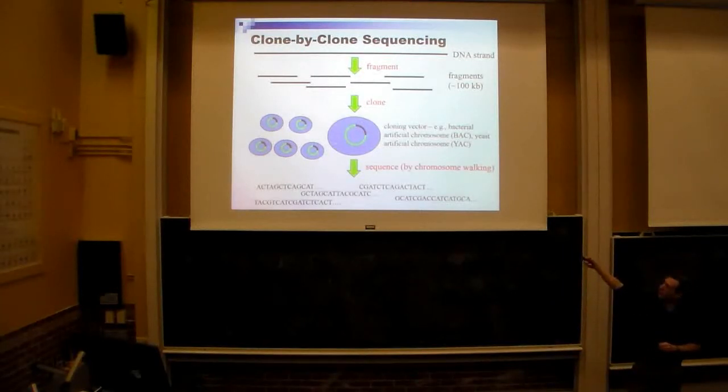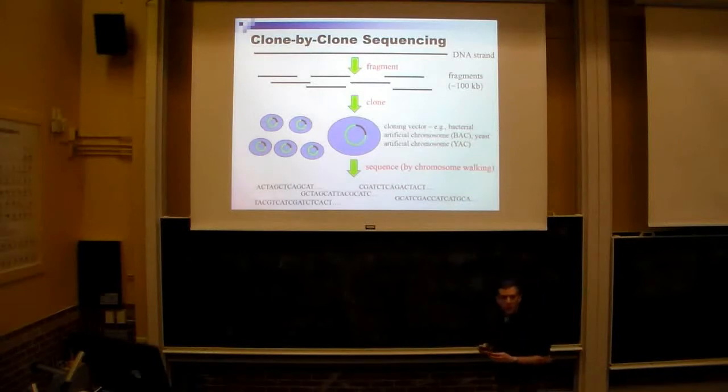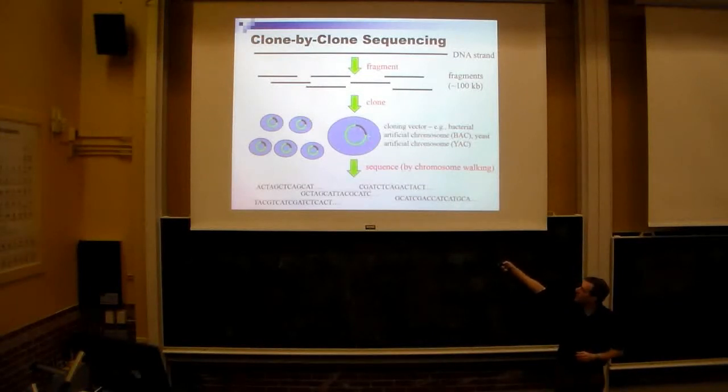So we would get these clones, each of which would have a plasmid in it that would contain one of these 100 kilobase strands. We grow these up, and then you can take one of your bacteria, which has this pure strand, you PCR based on the cloning vector, and you get a sequence of that one strand.